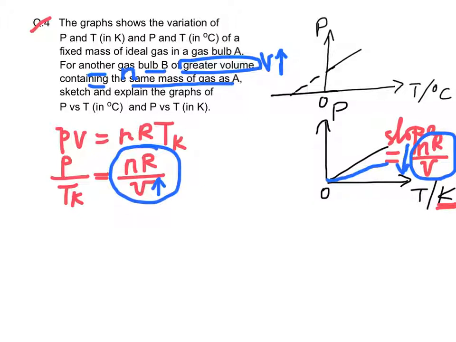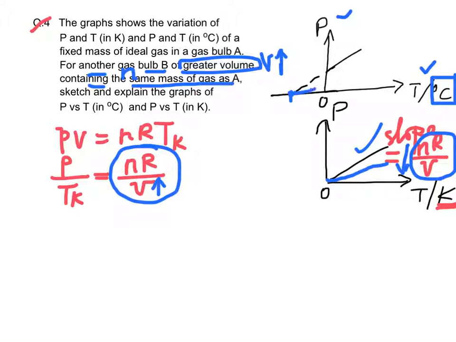For the graph of P against temperature T with temperature in degrees Celsius, the absolute zero temperature remains the same at this point. Therefore, the new graph will have a smaller slope like this one, but with the same absolute zero temperature.